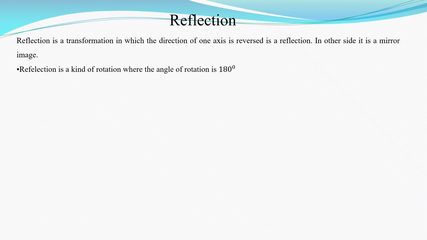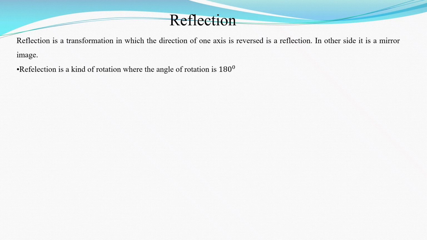A reflection is a transformation in which the direction of one axis, it may be the x-axis or the y-axis, is reversed. In other words, we can say it gives a mirror image.